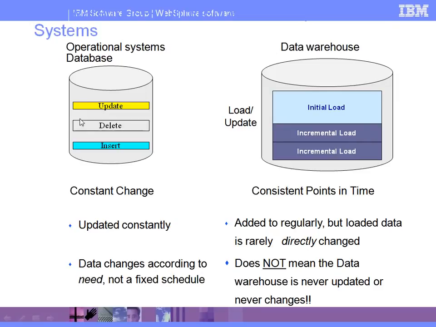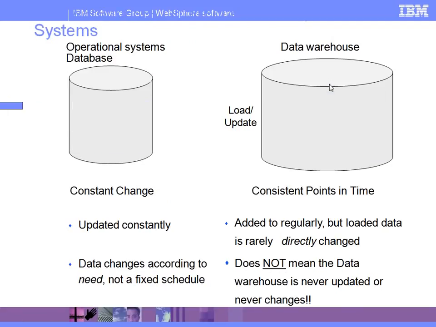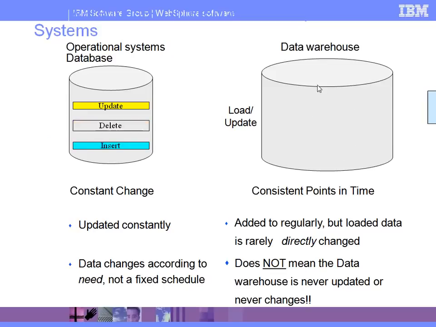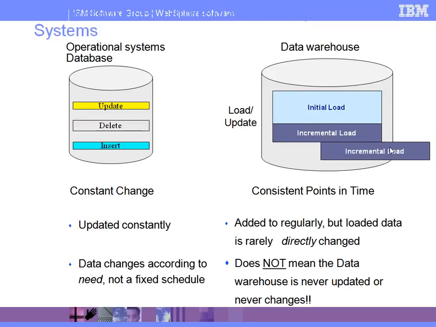That is simply what we can call an operational database system. But when we go for a warehouse, the data you are receiving in the warehouse system, we are always going to append. See here, we are appending the data below.